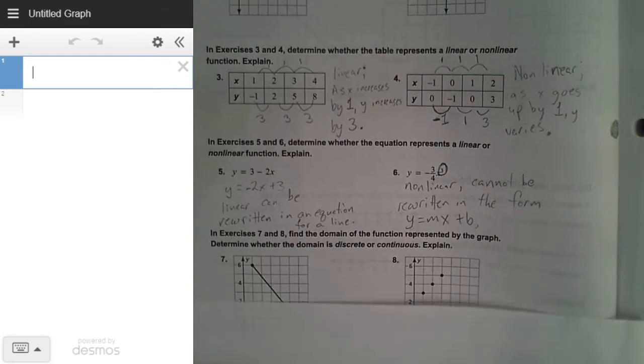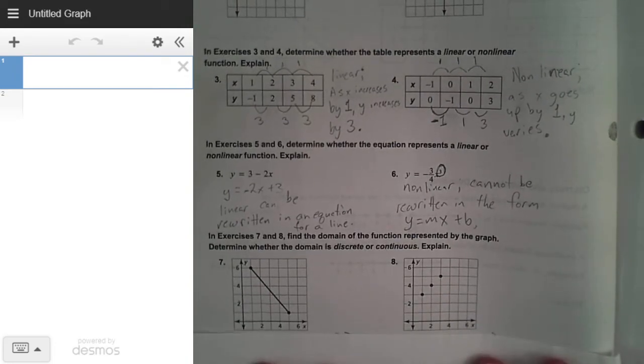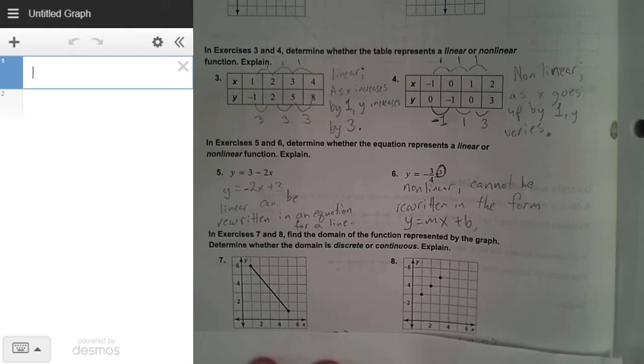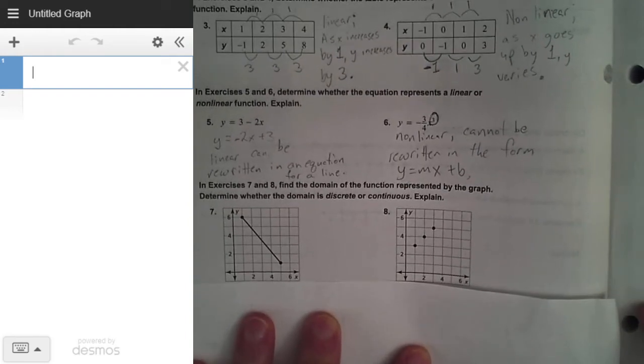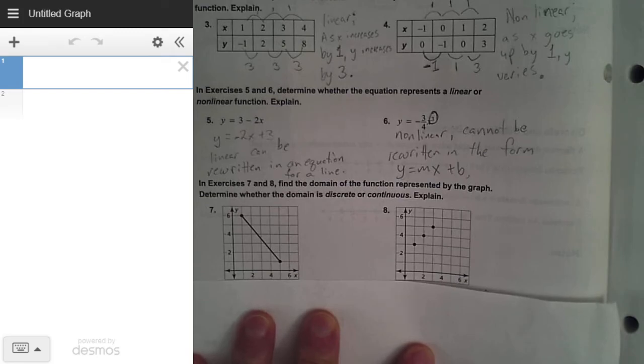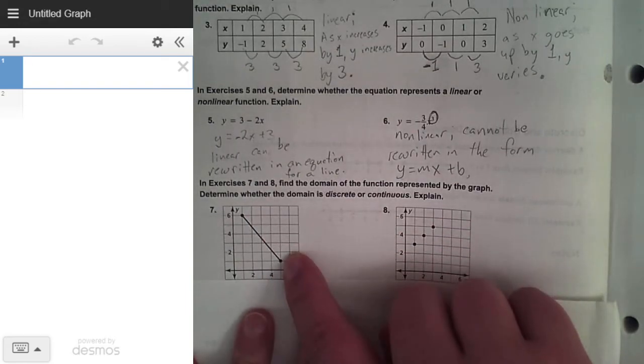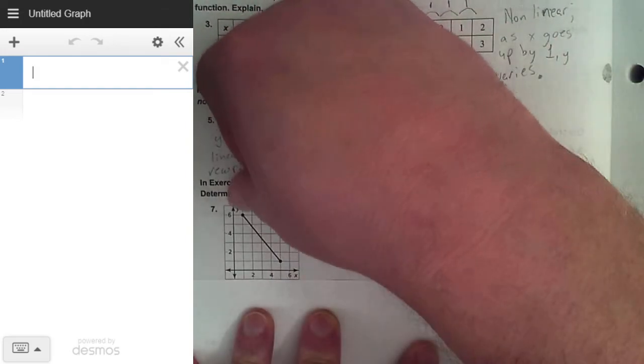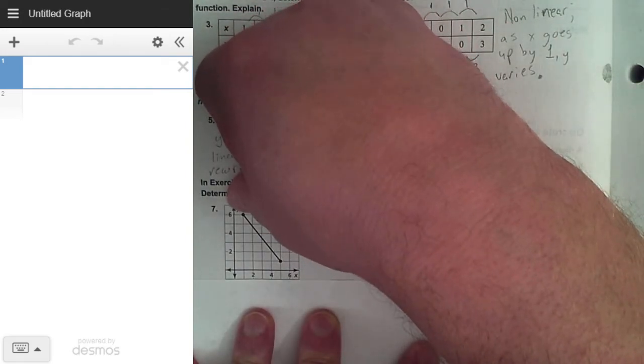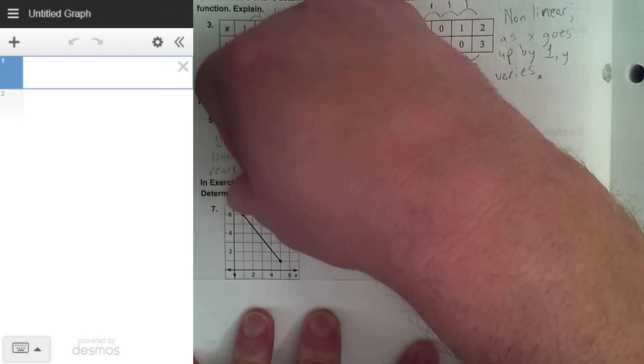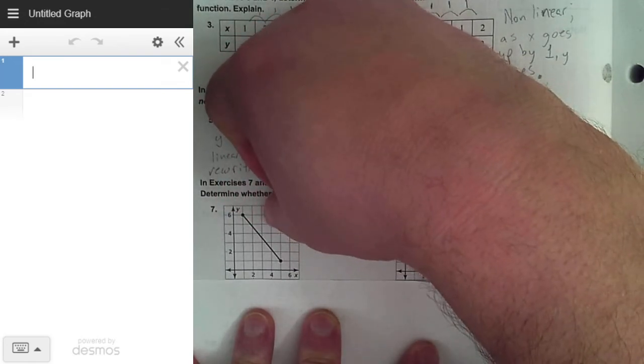Next up, we're looking at graphs. We want to determine whether the function represents a domain that is discrete or continuous. Remember, domain is the possible x values of our graph. Here we have this line segment, and we can have any x from 1 all the way to 5, including 5.